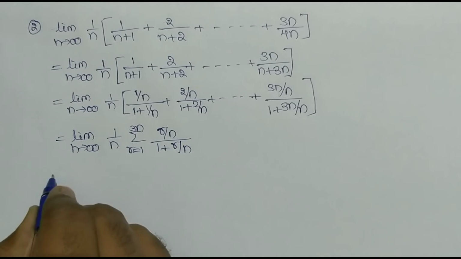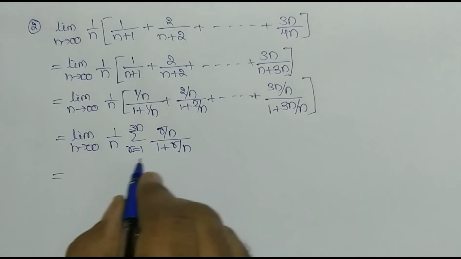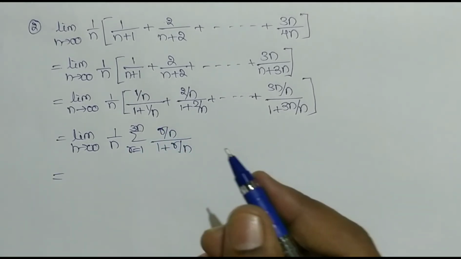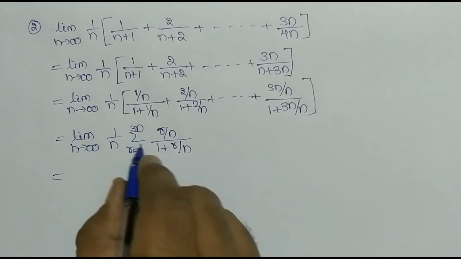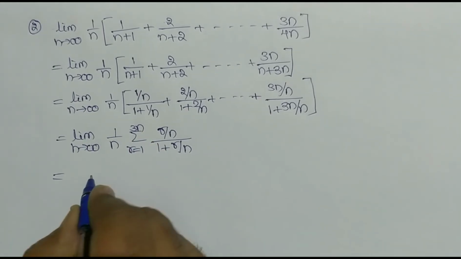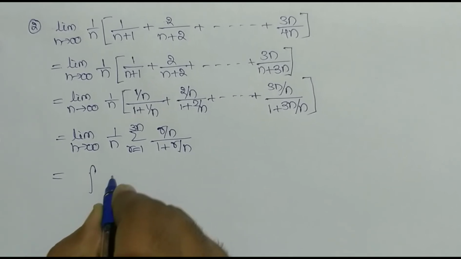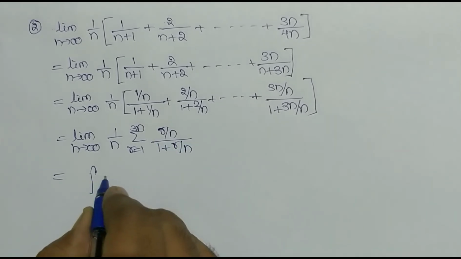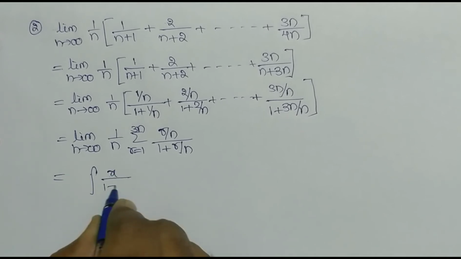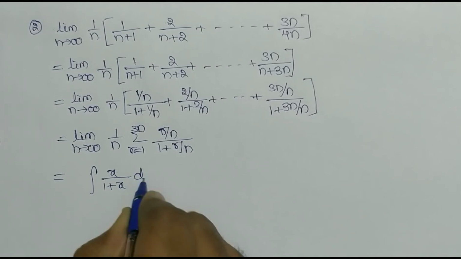So now 1 by n is replaced by dx, r by n is replaced by x, and limit n tends to infinity is replaced by the integration symbol. The integral is now x upon 1 plus x dx.